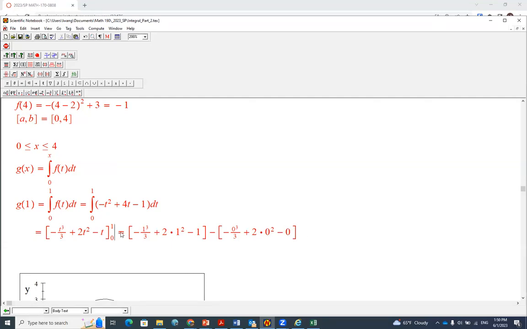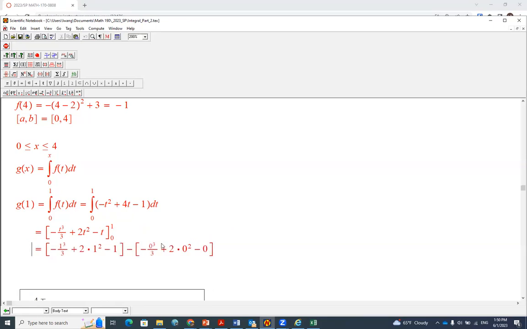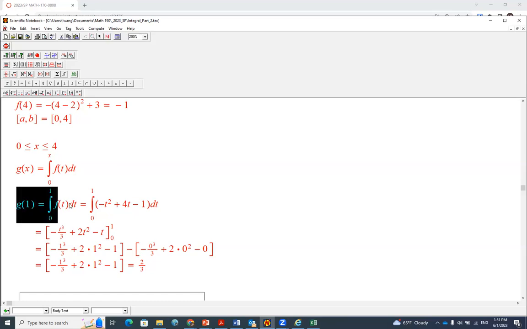In the end, we're getting a number. Of course, all of the terms at 0 will be 0, and the rest will give us a number. And that number is going to be, I'm going to be lazy, 2/3.